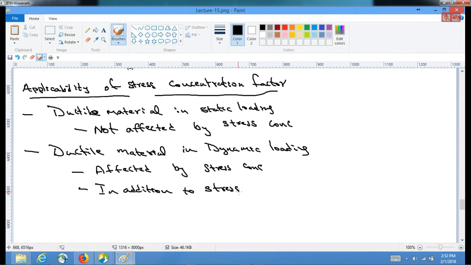Sometimes, in addition, the stress concentration factor, notch sensitivity factor is also used.